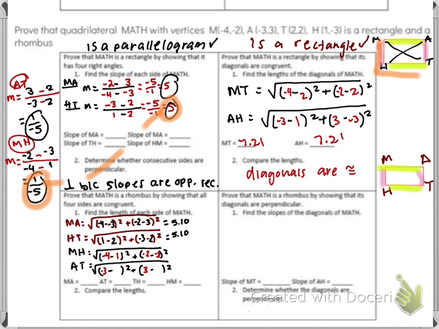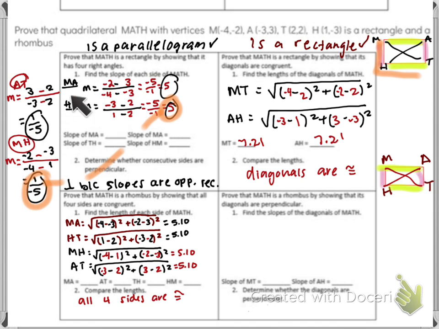And then T is 2, 2, like that. When I pop that in my calculator, I get 5.10. So what that told me was that MA and HT are congruent, and MH and AT are congruent. So far all this work tells me it's a parallelogram. Not only that though, all four sides are congruent. So this is also a rhombus, okay? So this work was to tell me it's a rhombus as well.